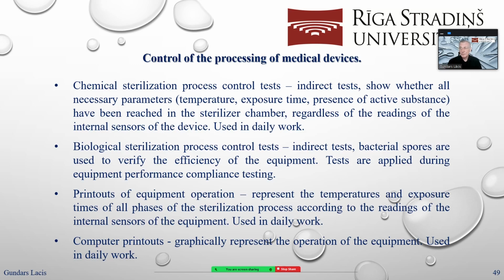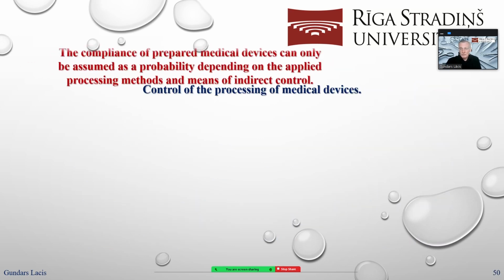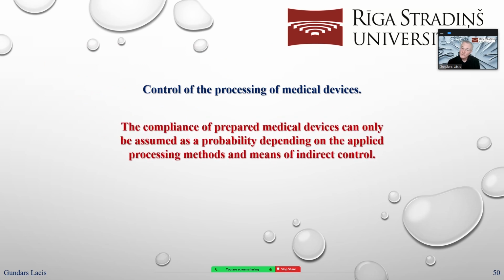That's what you have to remember. All those indications are indirect, and sterility is only a probability. As I said, it's only a probability because all those indications are indirect. They are not showing the real situation with the instrument surface. They are not showing the real situation with the microbes on the surface.